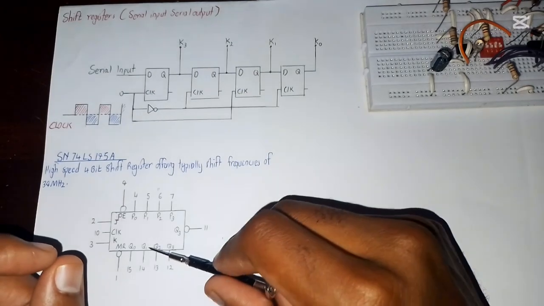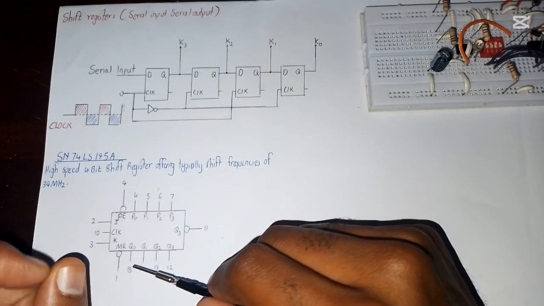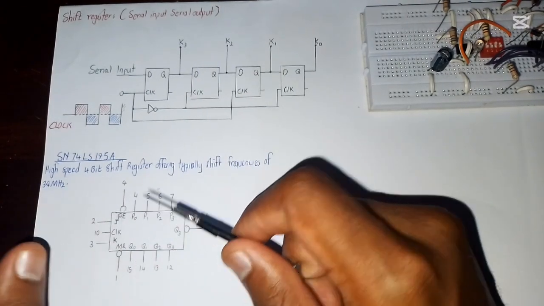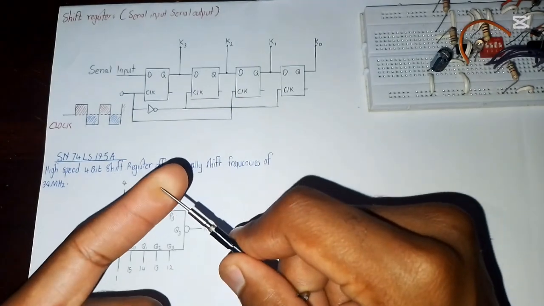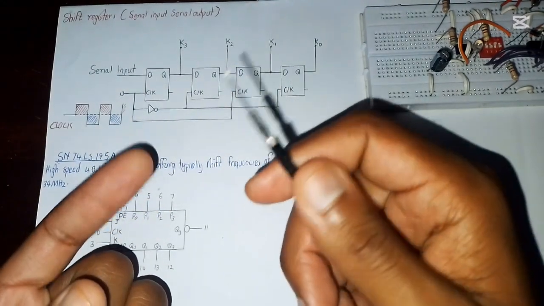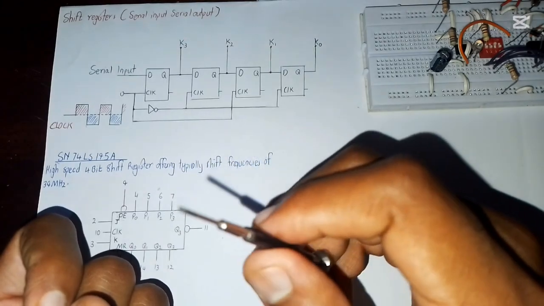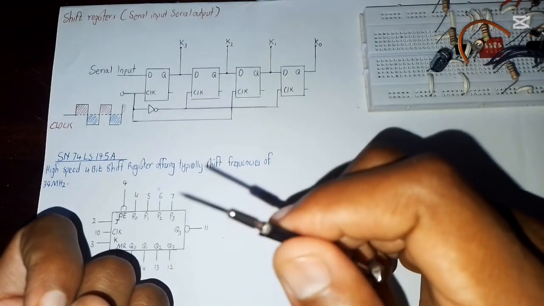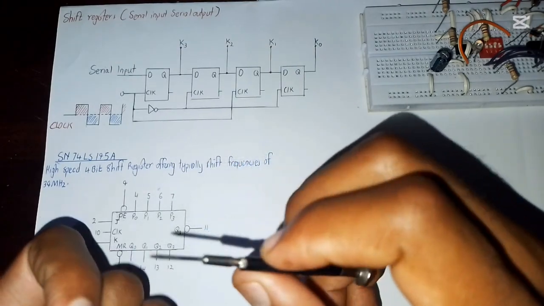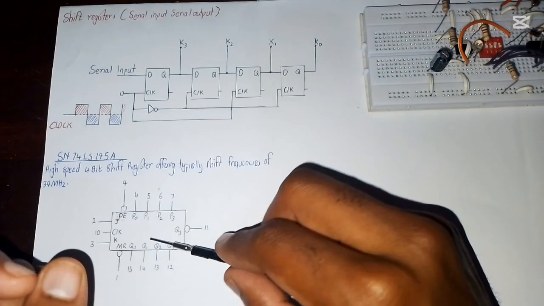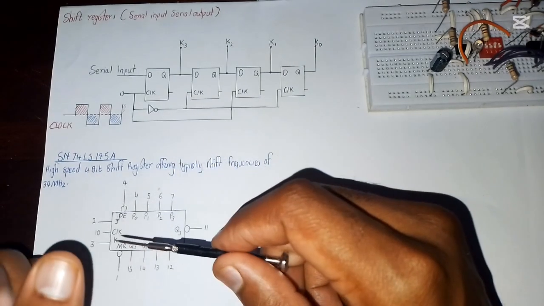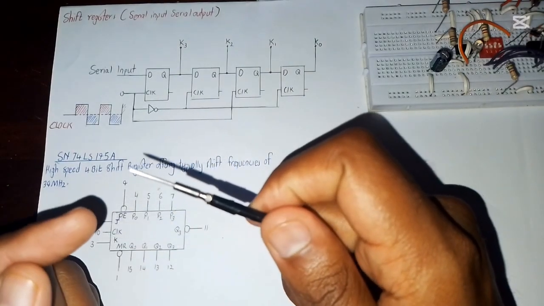And the pins which are not shown here: pin number 16 is VCC, and for our IC the maximum rating is just around 5 volts, maximum of 5.2, 5.3. That's the maximum, and the minimum is 4.5.